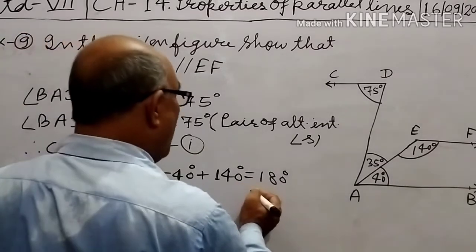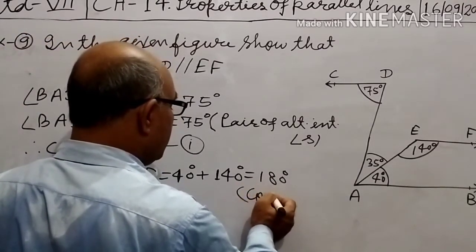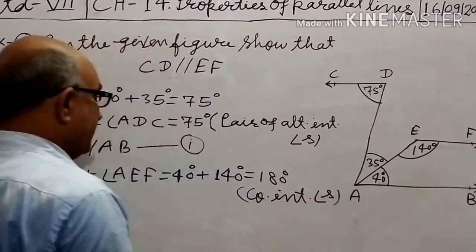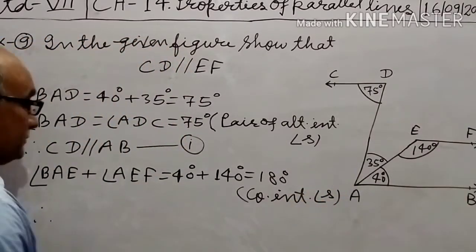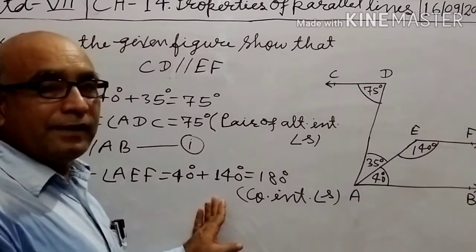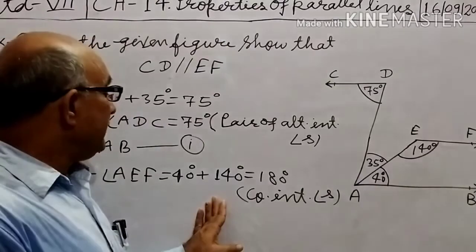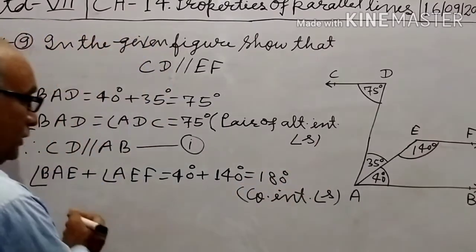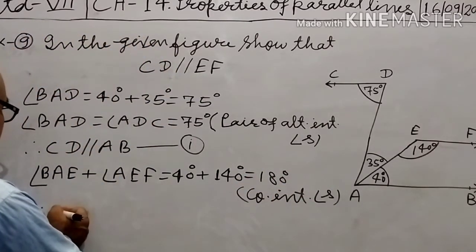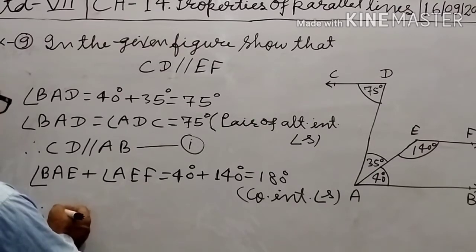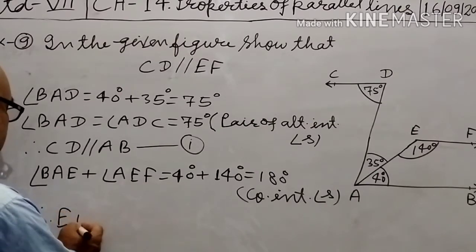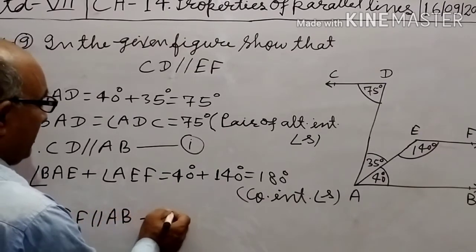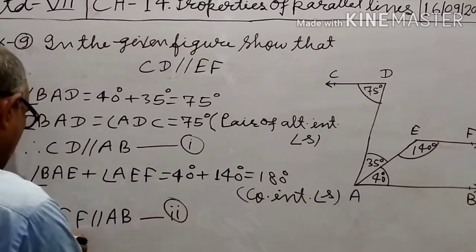It is a pair of co-interior angles. When the sum of co-interior angles is 180 degrees, then the lines are parallel. So AB parallel EF. So EF parallel AB, equation 2.